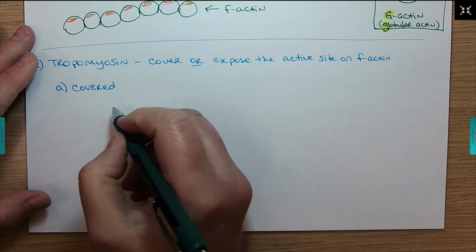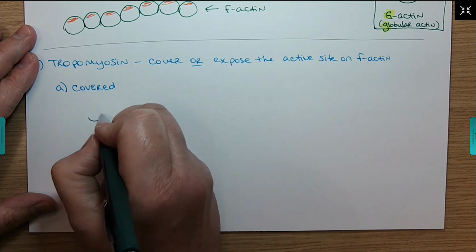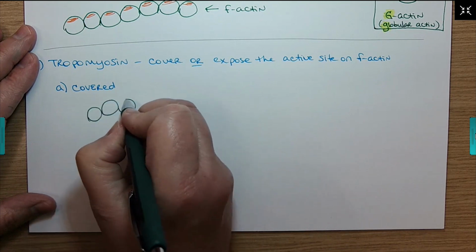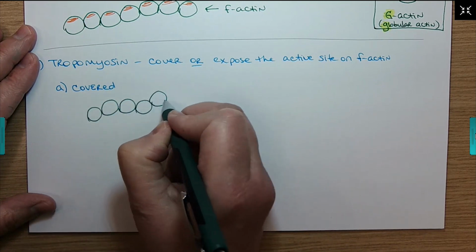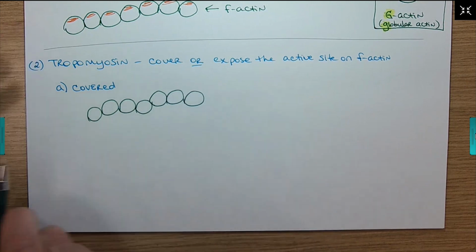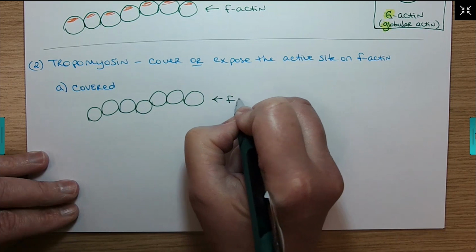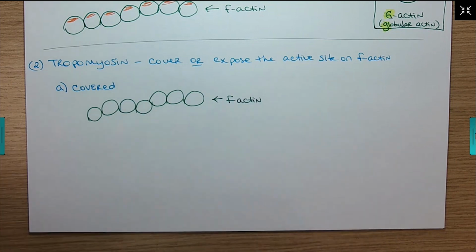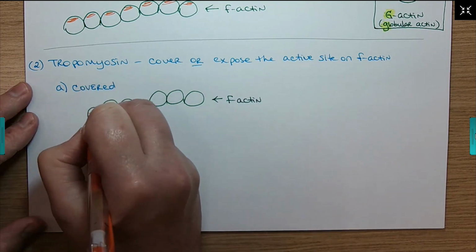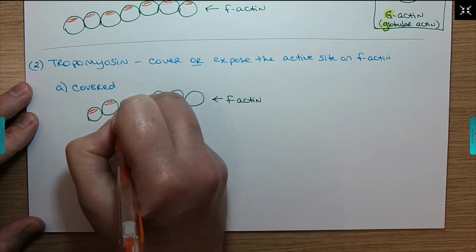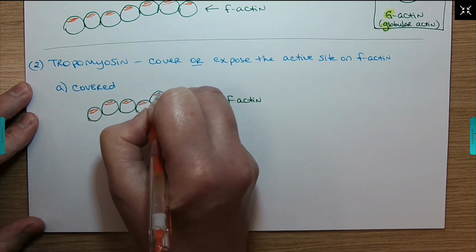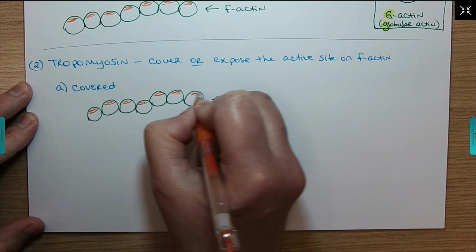So in order to do this, we're going to draw 2 pictures. We're going to take a look at our F-actin molecule with our active site. Y'all are going to get really comfortable drawing F-actin because we're going to draw it in all 3 pictures here.